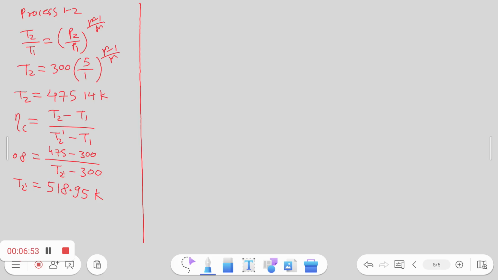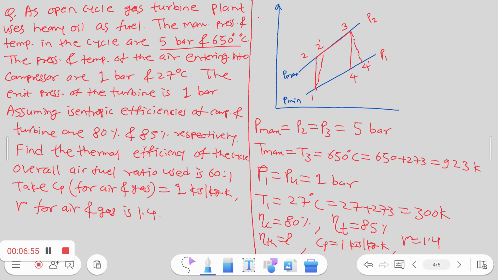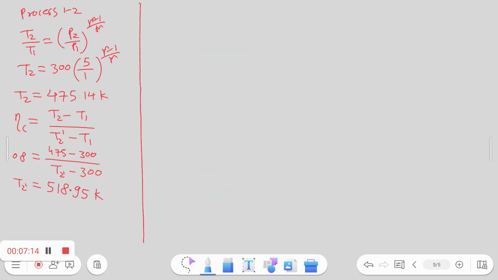Now next, they have asked for efficiency. So for efficiency, what is required? Shaft work divided by heat supply. Shaft work is equal to turbine work minus compressor work. So we need to calculate compressor work.